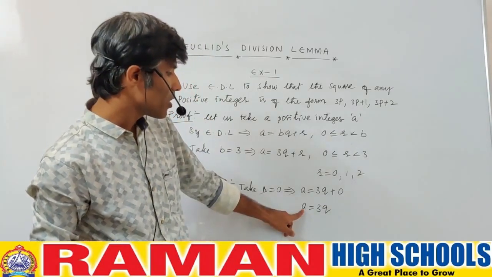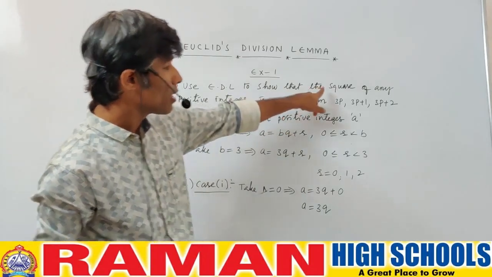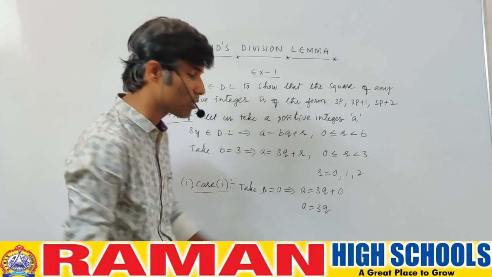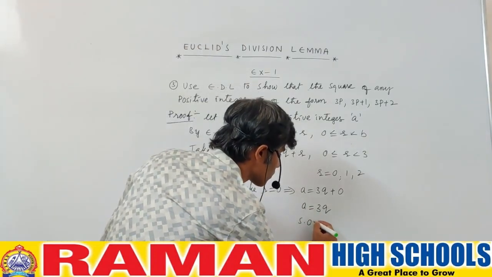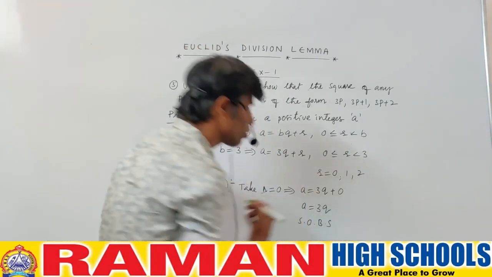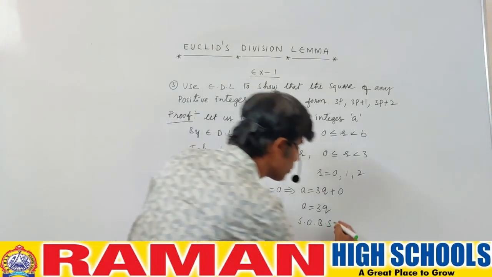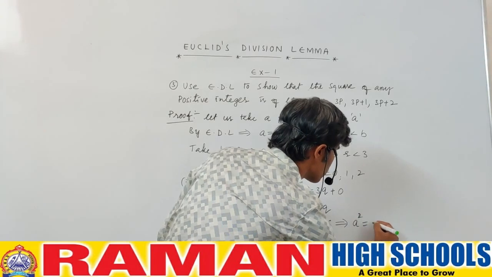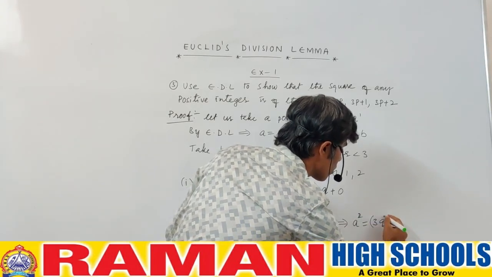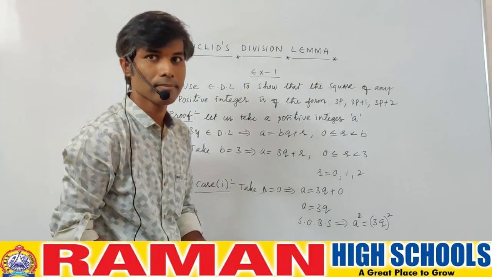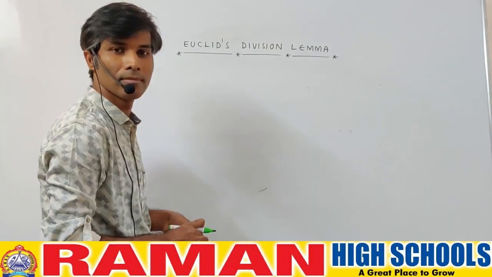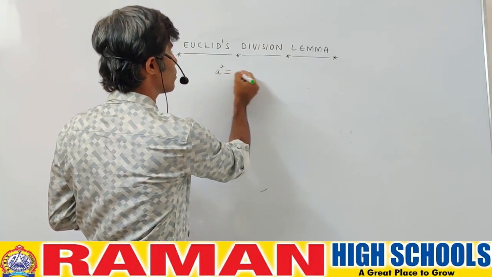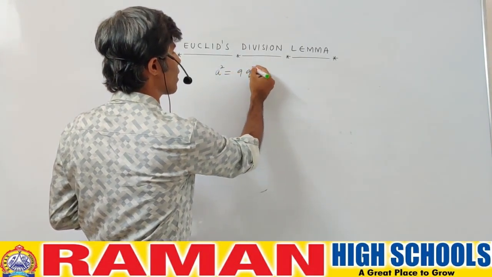Here a is a positive integer. But what do you want here? You want the square of a positive integer. So we will take squaring on both sides. The squaring on both sides will give you a square equals to 3q whole square. That is a square equals to 9q square.